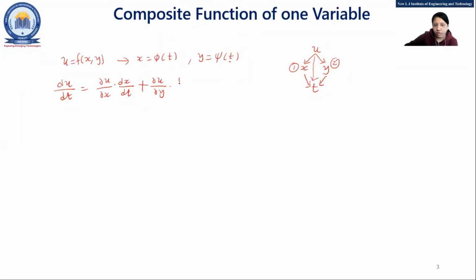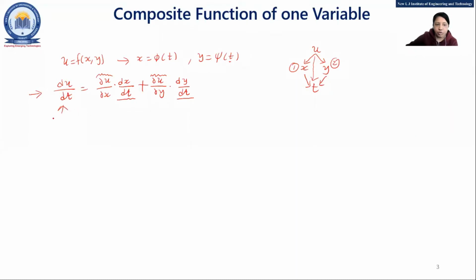So you can see these two are ordinary differentiation and these are partial, right? So when this type of thing is there, you have to take it in this form, fine?